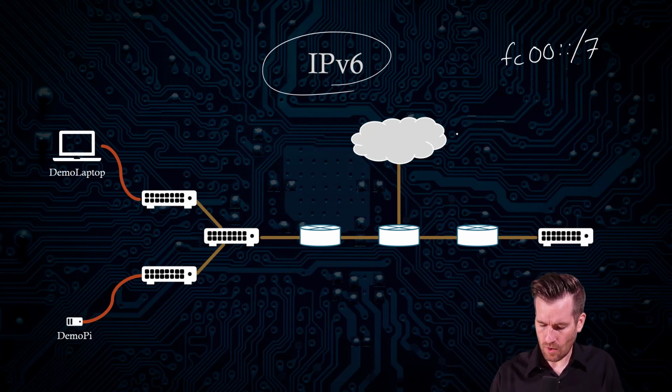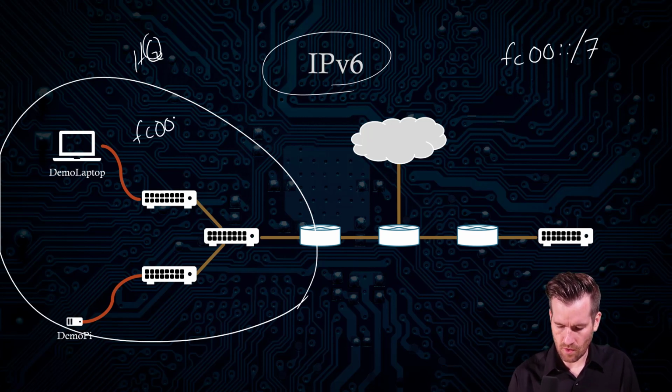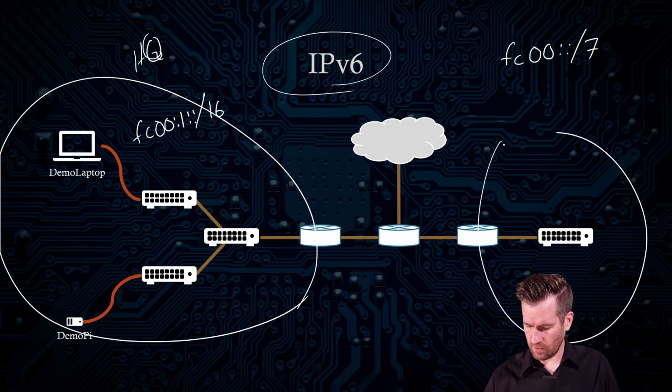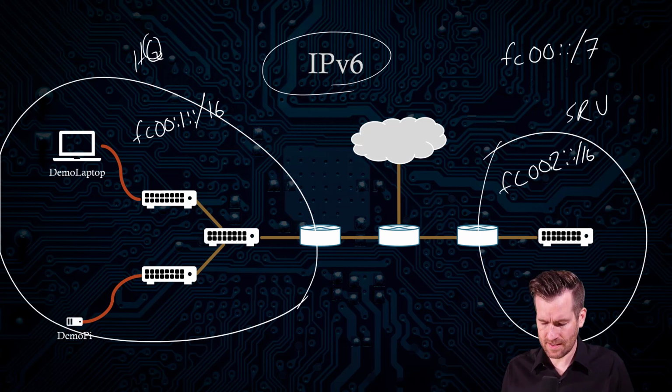So what I'm going to do is this network right here for headquarters, I'm just going to assign to FC00:1:, and then that will be a /16. And then this server network right here is going to be FC00:2:/16 over here on this side.